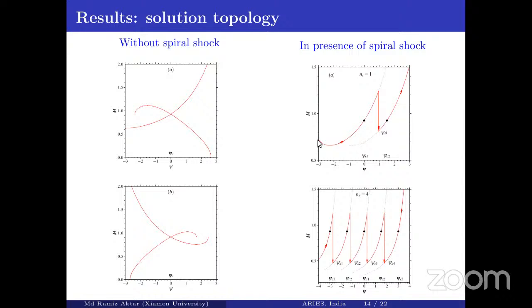Initially the accretion flow is subsonic, and it passes a sonic point and becomes supersonic. If the spiral shock conditions are satisfied, there will be a discontinuous transition of flow variables from the supersonic branch to the subsonic branch. Due to the shock transition it becomes subsonic, and again it passes another sonic point to become supersonic and reach the primary star.